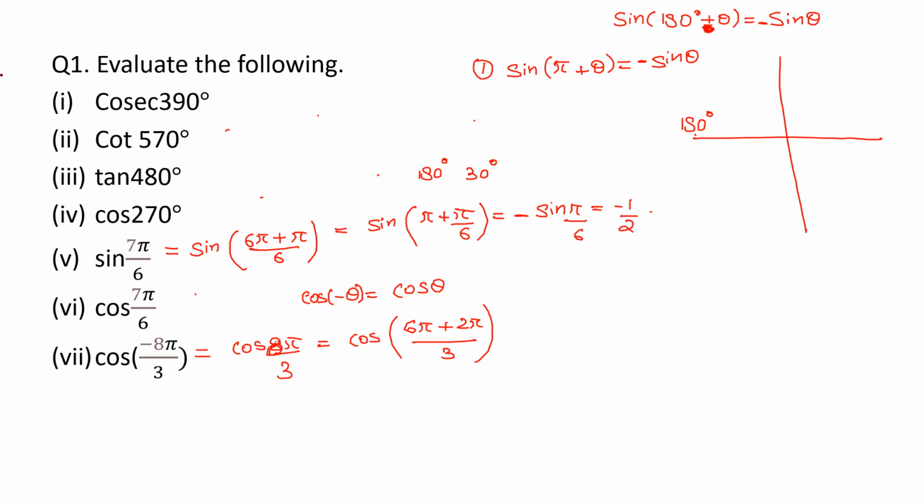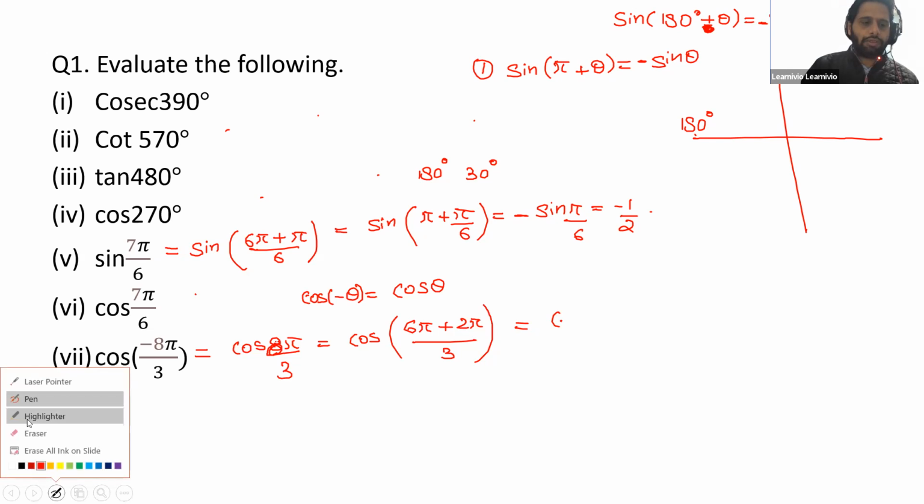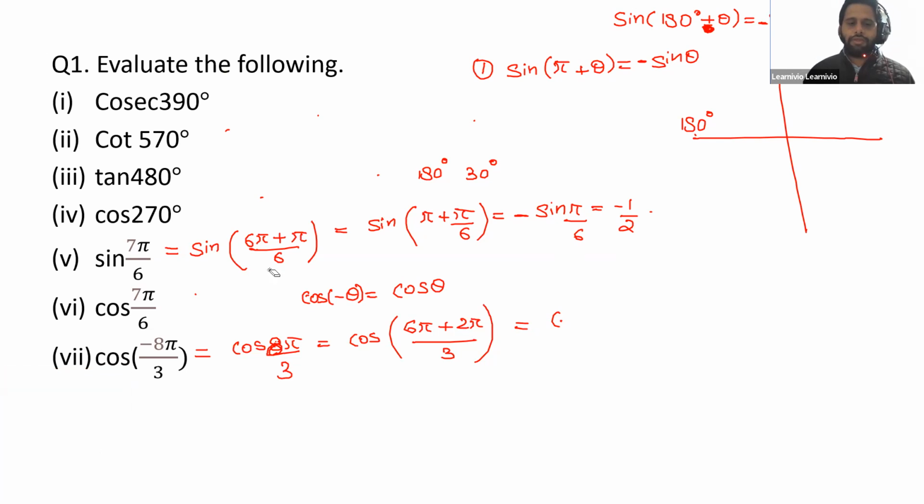So then it will become cos 2 pi plus 2 pi by 3, right? Yes. So please always remember that we will try to change into an angle so that we will get theta here. Let me tell you this.